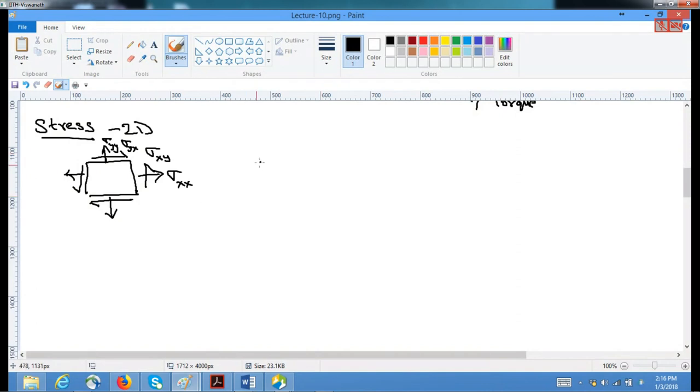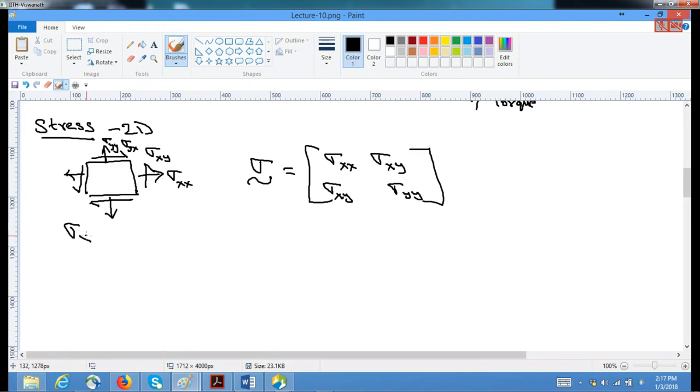So sigma for a two-dimensional state is written as sigma xx, sigma xy, sigma yx, sigma yy.